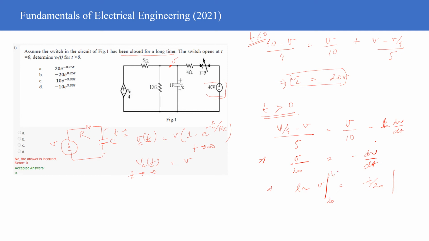And this will be going to voltage V. This will be going from time t equals 0 to time t equals t, and you will now be getting ln V by 20 is equals to minus t by 20, or you can write it as exponential of minus t by 20 is equals to voltage V, right?